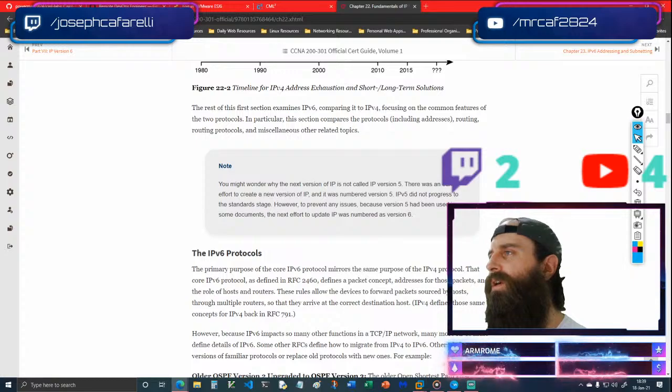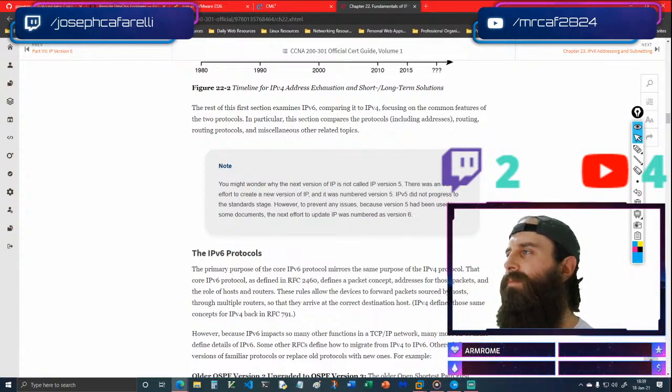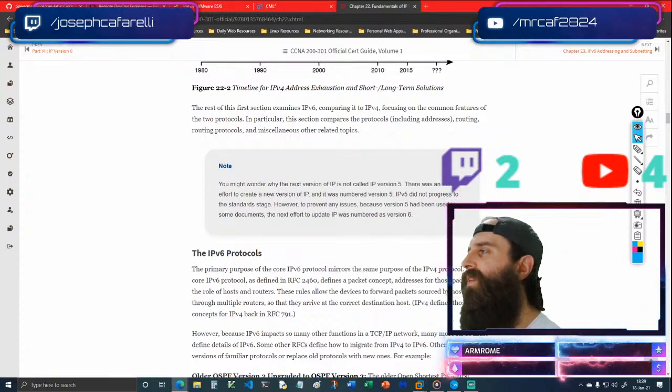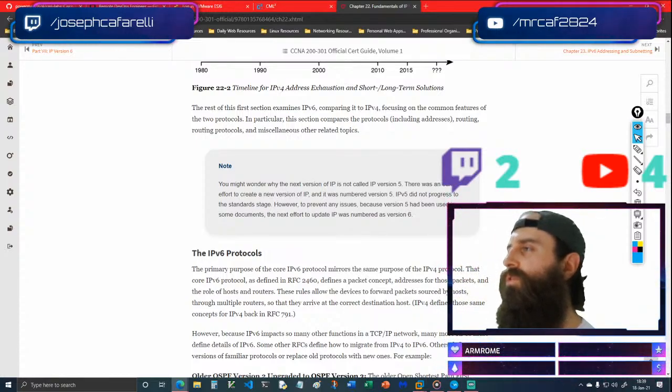There was an earlier effort to create a new version of IP, and it was numbered IP version 5. IPv5 did not progress through the standard stages. However, to prevent any issues because version 5 had been used in some documents, the next effort to update IP was numbered version 6.